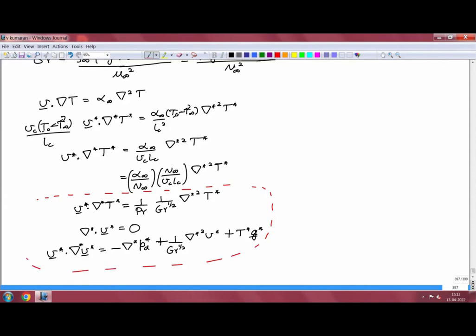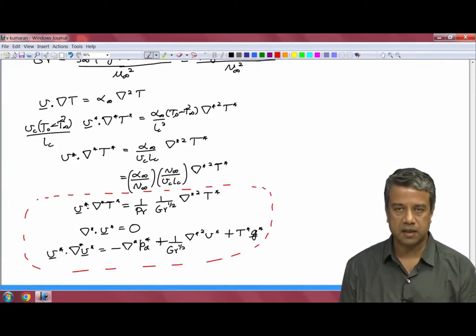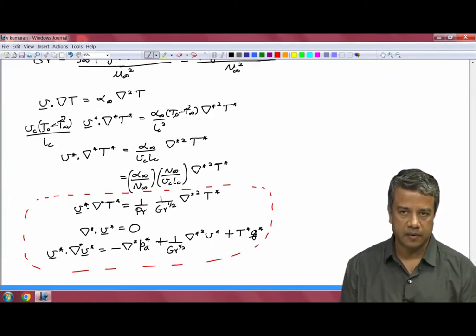where the temperature is scaled by the difference between the surface temperature of the object and the ambient temperature. The velocity is scaled by a characteristic velocity, and the length scale is scaled by the characteristic length. Okay. Here there are two dimensionless parameters. One is the Prandtl number, the ratio of momentum diffusion and thermal diffusion. Okay.